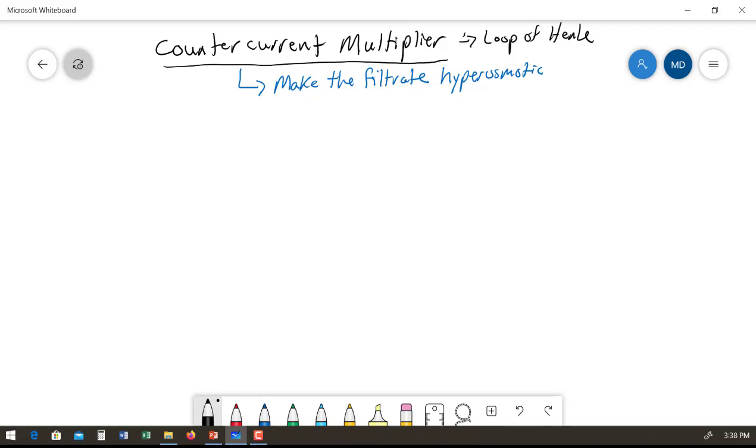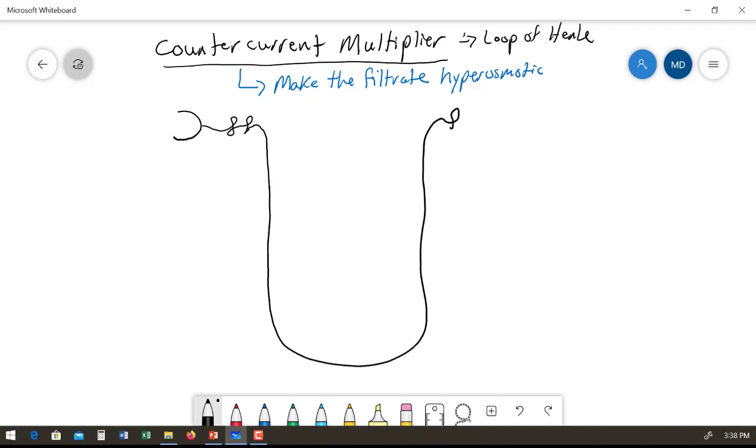So let's go ahead and take a look at how this works. I'm going to draw a nephron, because obviously this is taking place in the nephron. I'm going to draw a small glomerulus here, or I should say renal corpuscle, and a small proximal convoluted tubule, and then a kind of wide loop of Henle, and then another small distal convoluted tubule, and a collecting duct out over here.